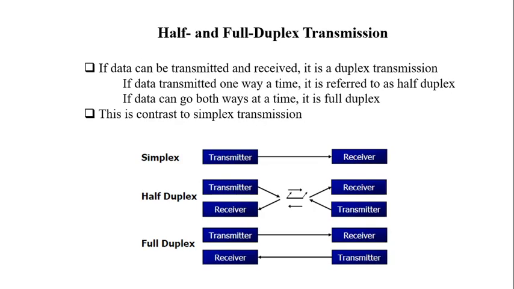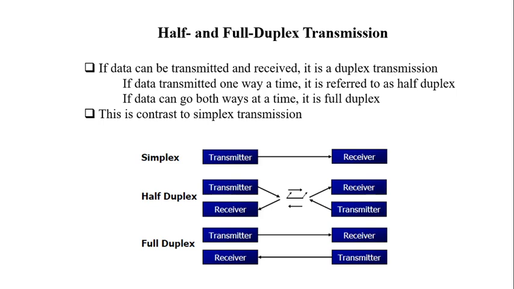Simplex and half duplex and full duplex transmission. Simplex means your transmitter just sends the data from transmitter to receiver. If the data can be transmitted and received, it is a duplex transmission. If the data is transmitted one way at a time, it is referred to as half duplex.